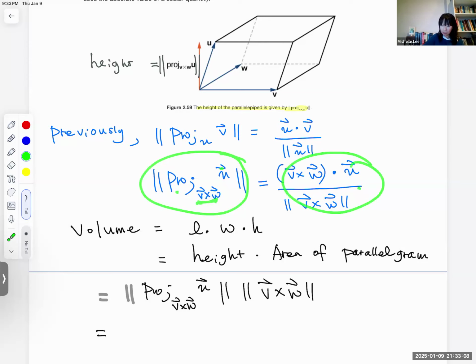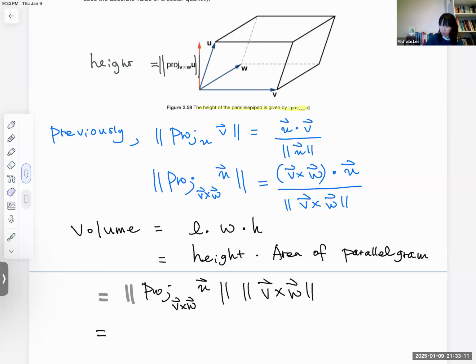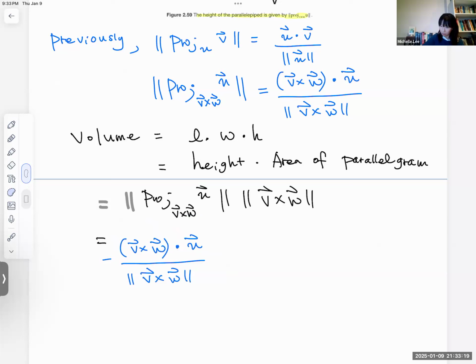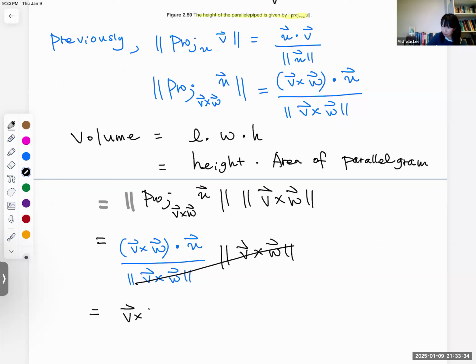So with this one, and then we have cross product of v and w with magnitude, right? Okay, we can simplify. Then this is the formula we have.